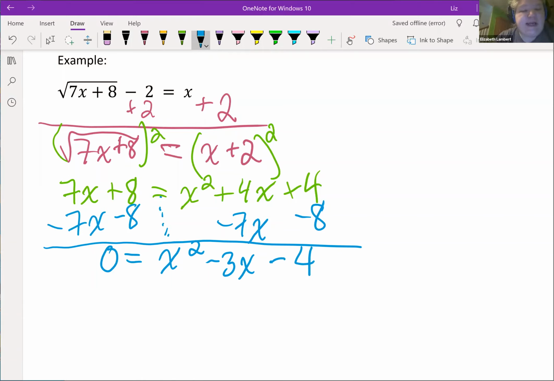Now, here's the catch on these. Most of them will factor because we don't want you to have to check an ugly square root number. We want you to be able to check with a nice pretty whole number, or integer at least. Sometimes you might get a very simple looking fraction, but again, that would come from a factored polynomial. You can still use the quadratic formula if you just don't want to think about it, or you've got a faster way on your calculator, do that.